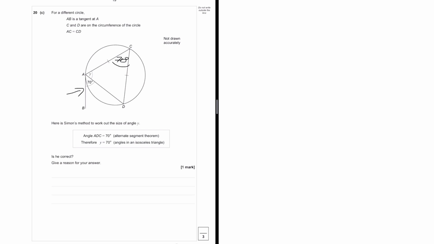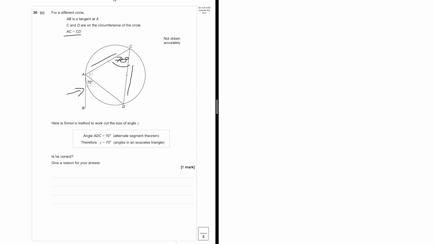Now, the other thing to note here is that the sides AC and CD are equal, as you can see up here. What this means is we have an isosceles triangle.